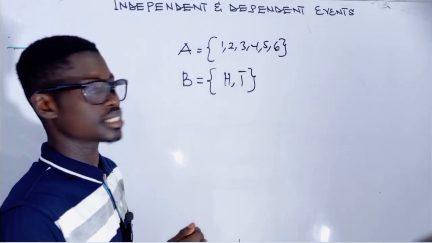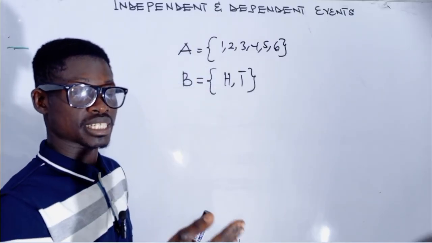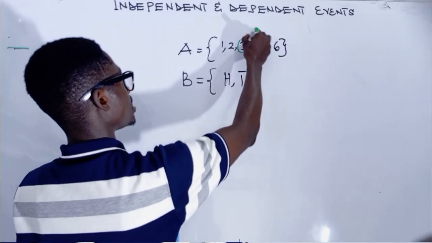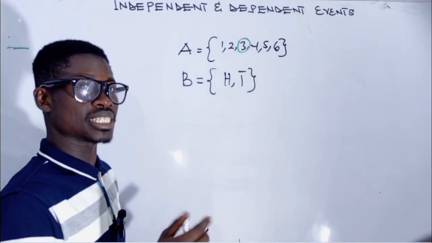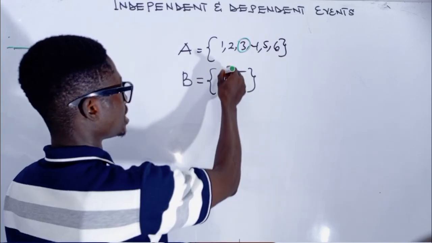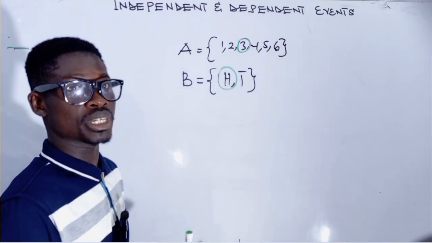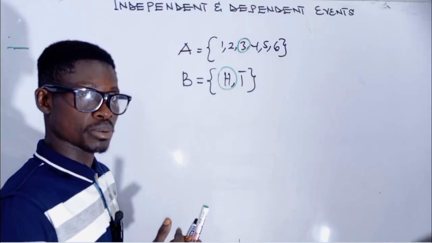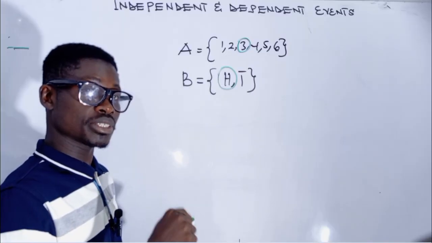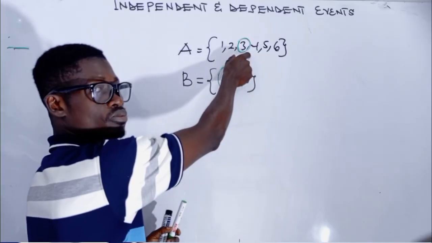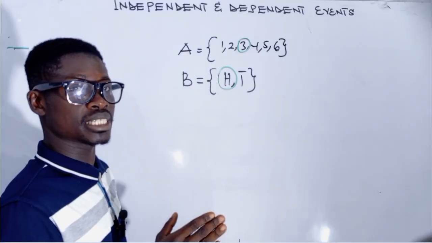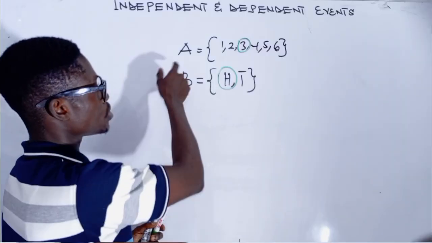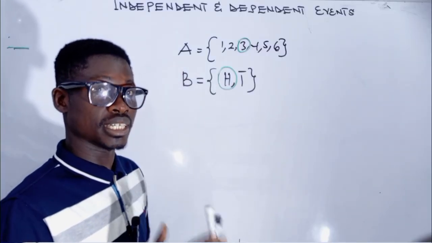So what we are saying is that these two events are independent events if the occurrence of the outcome from the first event, let's say 3, does not affect the probability of the outcome in the second event, let's say head. And we know that when we have a die and then a coin, when we toss them together or when we toss them one after the other, the occurrence of the outcome from the toss of the die does not affect the probability of the occurrence of the outcome from the toss of the coin. So we can say that these two events are independent events.